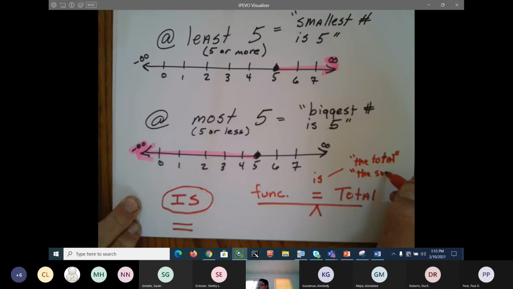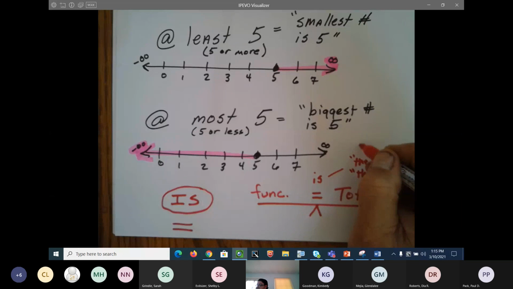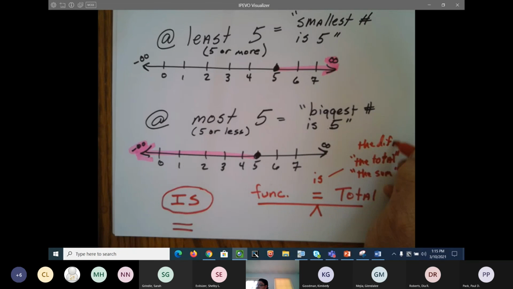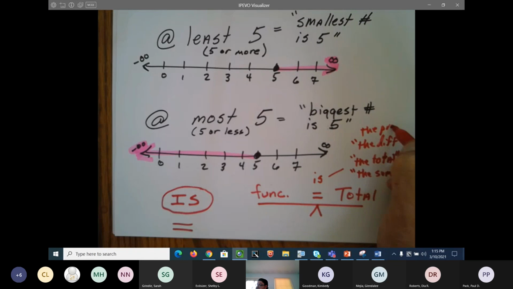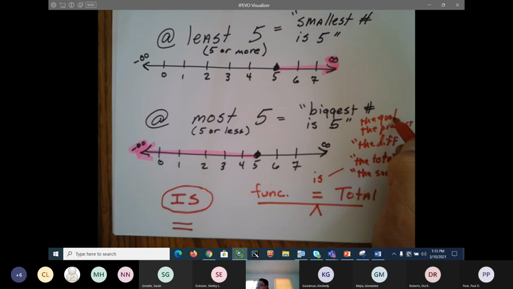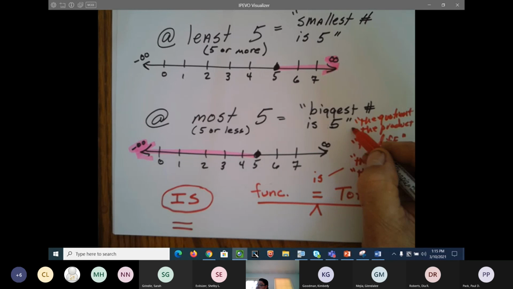In other words, the difference means subtraction. The product means multiplication. And the quotient means division.